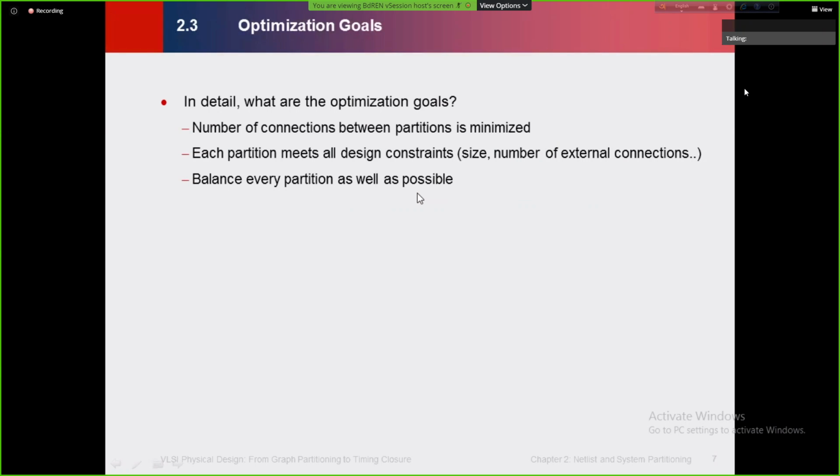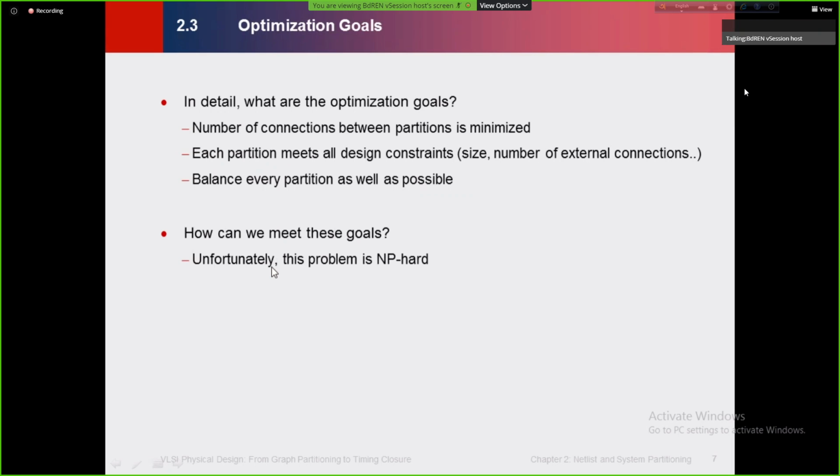Things like size and balance between two or more partitions will be discussed in the second algorithm, not the first. The first algorithm will be considering only the number of connections between partitions.